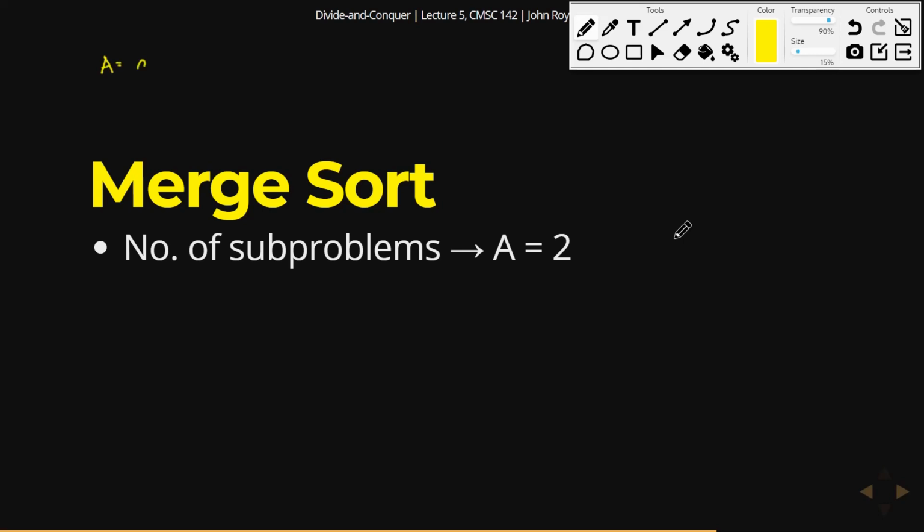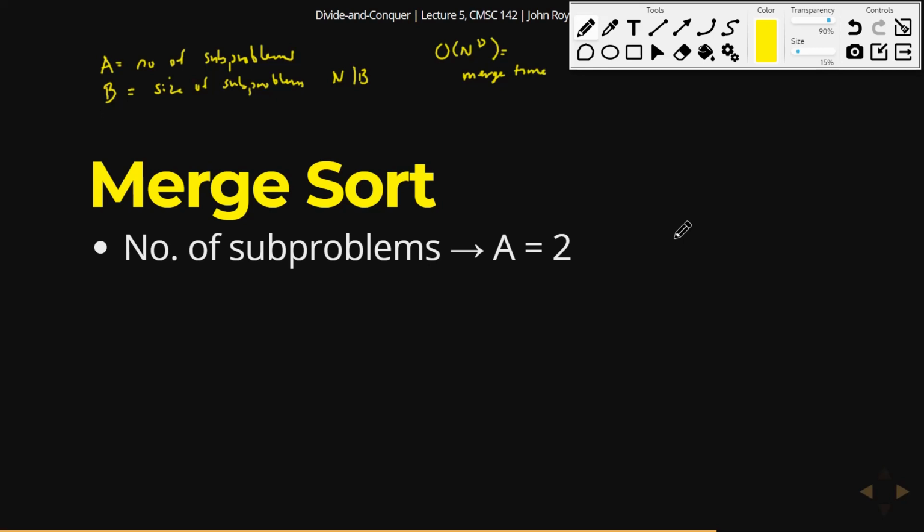A is the number of sub-problems, b is the size of the sub-problem, so you have n over b basically, and then O of n raised to d is the merge time.